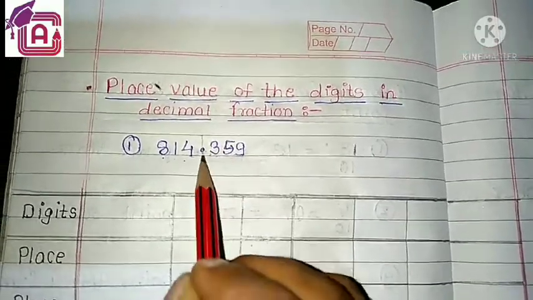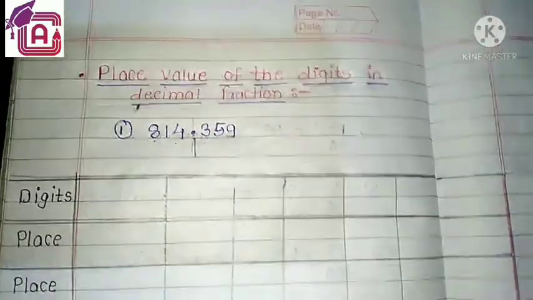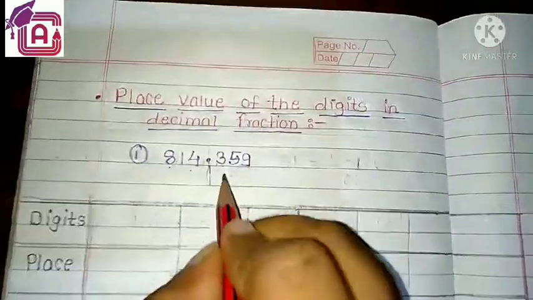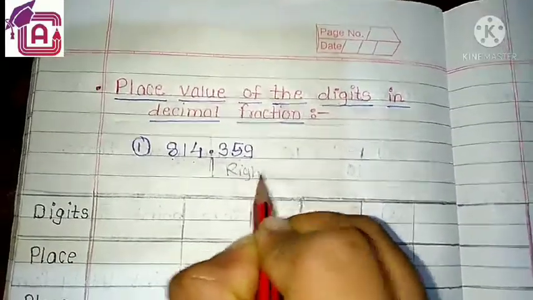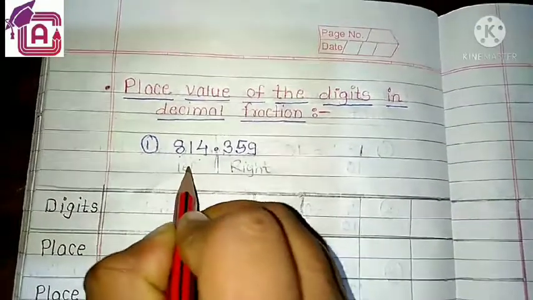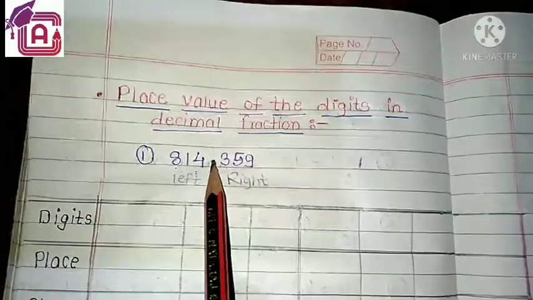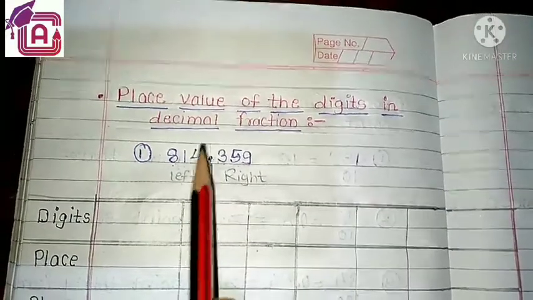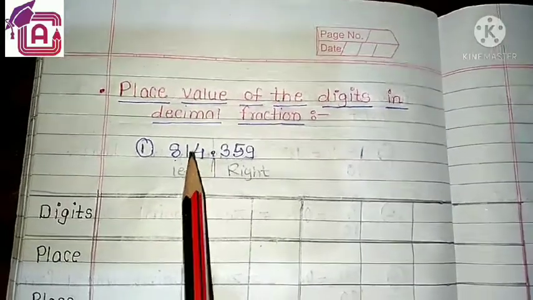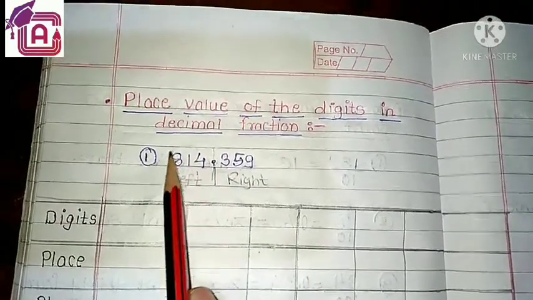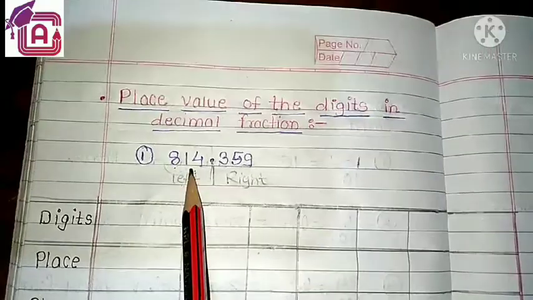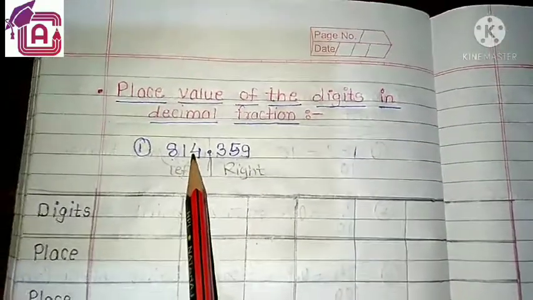So this is the right side and this is the left side. Always remember, on the left side of the decimal point there is always a complete whole number. This number is a complete number, 814.